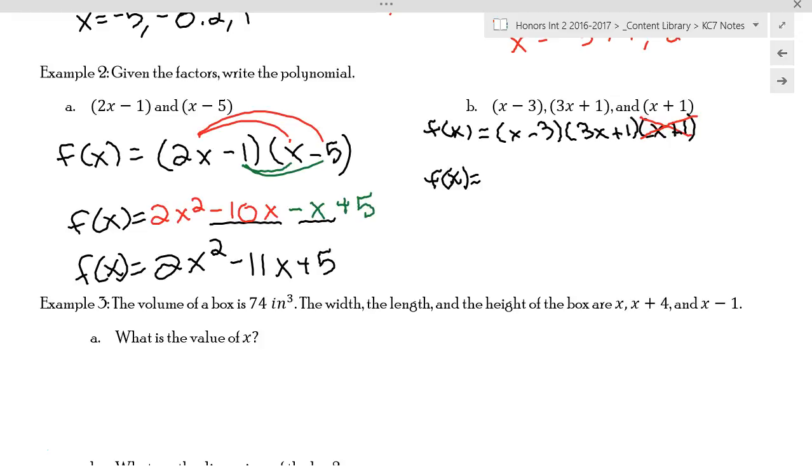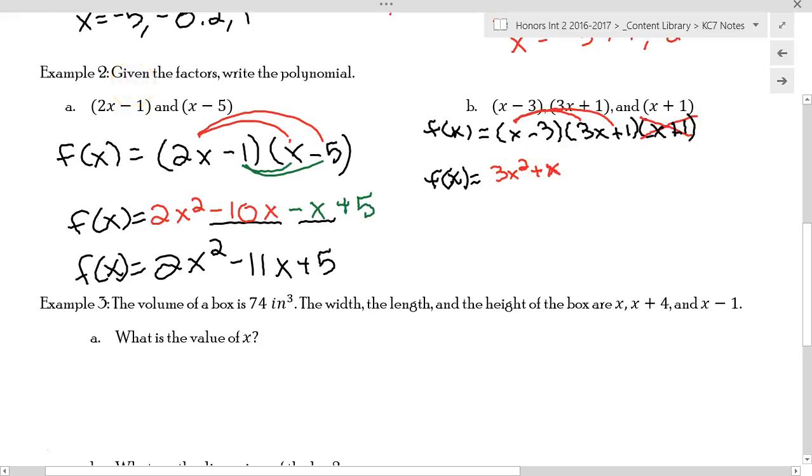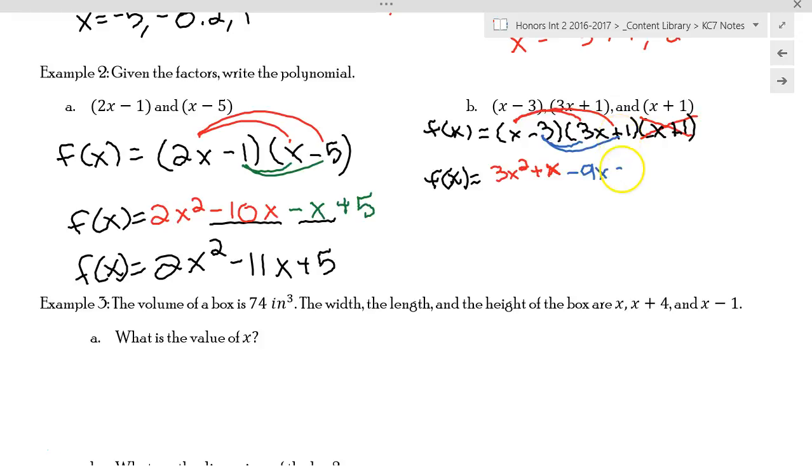Okay? So I have x times 3x, which is 3x squared, and x times 1, which is x. And then -3 times 3x, which is -9x, and -3 times 1, which is -3.